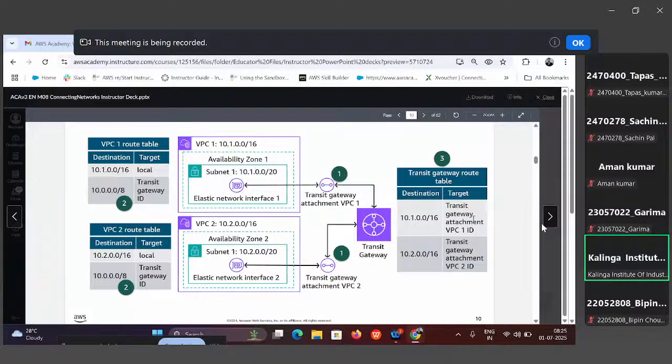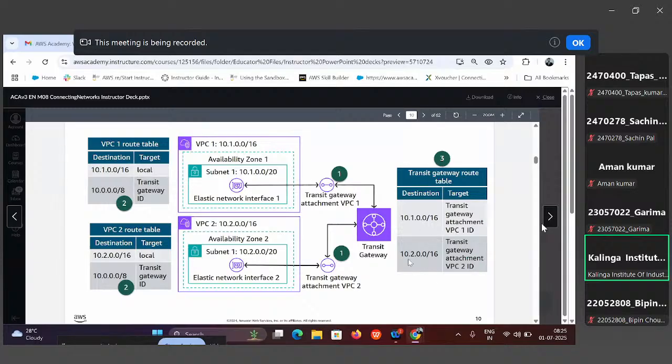where you can see one IP that is the destination for the target transit gateway attachment, the VPC 1 ID, and another, 10.2.0.0/16, which will be attached to the VPC 2 ID. This is for the second VPC, so their IP is different.